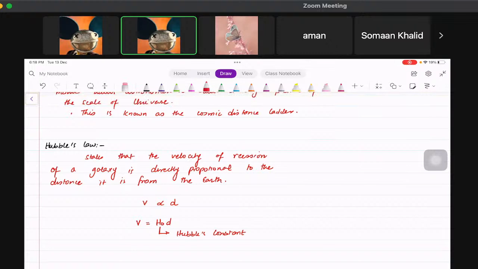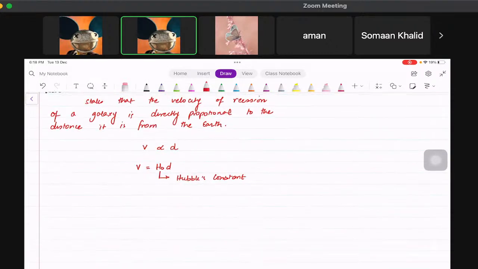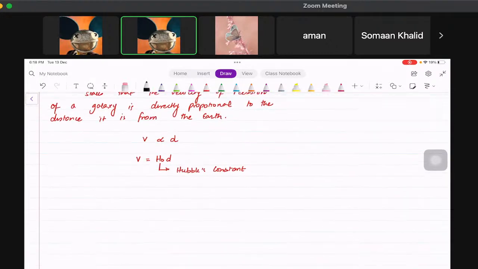So, keeping that in view, one by one we're going to learn this. We'll go to Hubble again, so you don't have to worry about that. I've just written the definition, just to give you an idea.